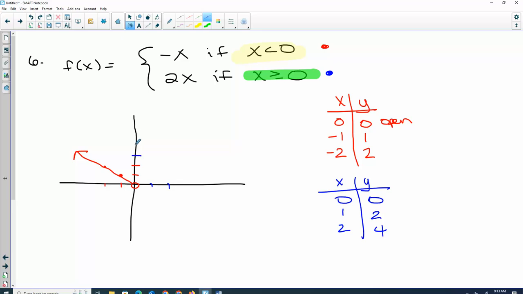Sometimes I have people draw something like that. Is that what I want? No, if you have an open and a closed at the same place, it just becomes closed. So (0, 0) becomes a closed circle. (1, 2), (2, 4). So it looks like that.